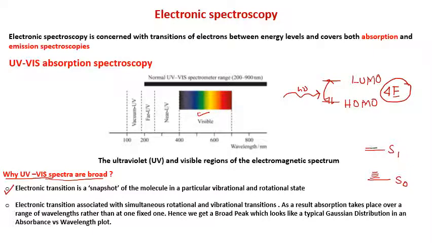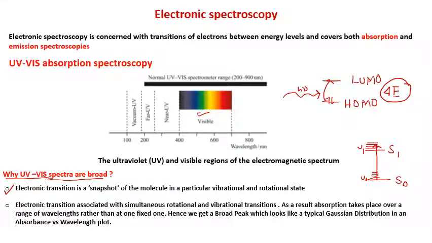Similarly, for the excited state also several vibrational and rotational energy levels are possible. So when the electron absorbs the appropriate energy, it goes from S0 to S1. You may expect there should be one transition, you will get one line like atomic absorption spectroscopy, but here it will carry forward all these transitions, that is the vibrational transitions and also the rotational transitions.